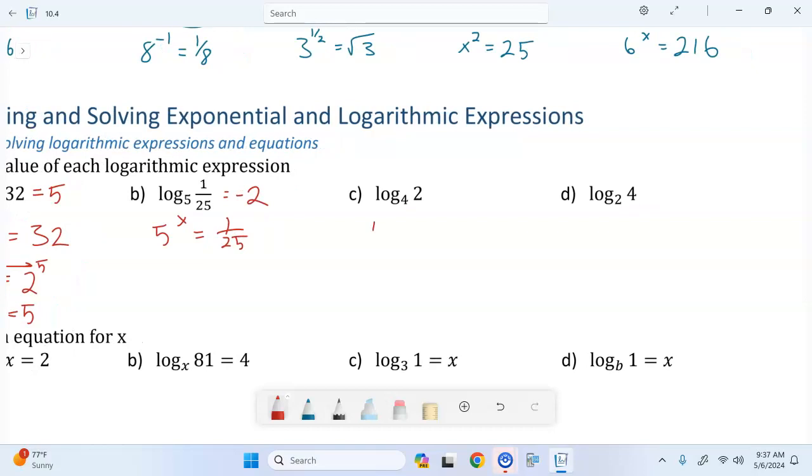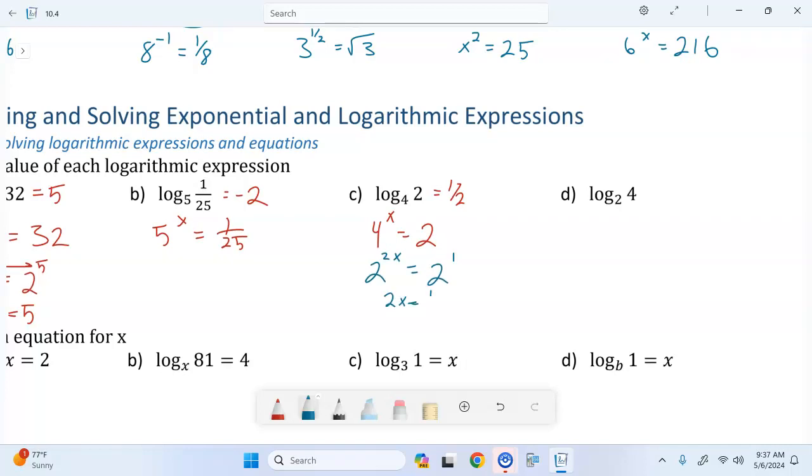We look at 4 to what power equals 2? If we want to do uniqueness, we can rewrite 4 as 2 squared, and then 2 to the first.